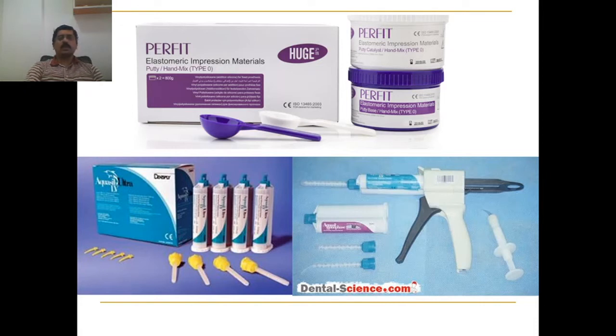Okay. So now we have to inject it to the inaccessible areas, which will be difficult with such a big orifice. So what we can do, we have some micro tips like this that can be attached. You can see here, it can be attached to this and can be used, and it is pretty easy to use because all the mixing can be reduced.